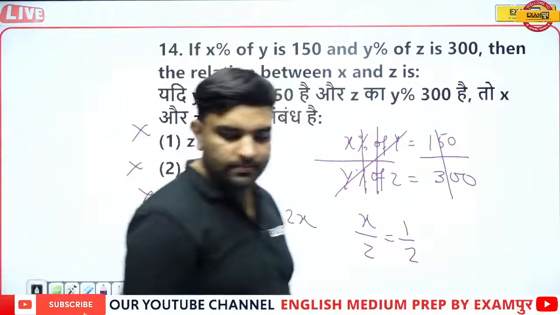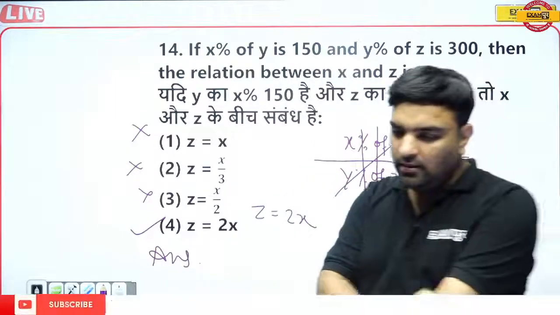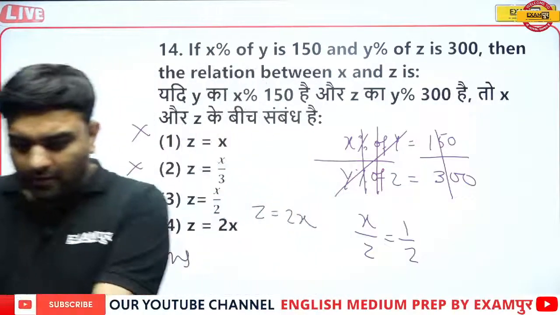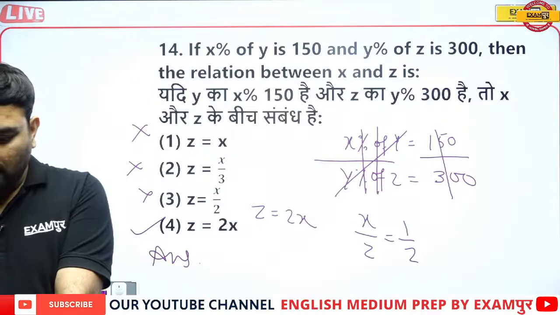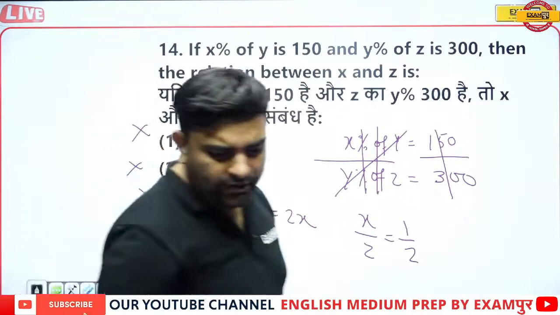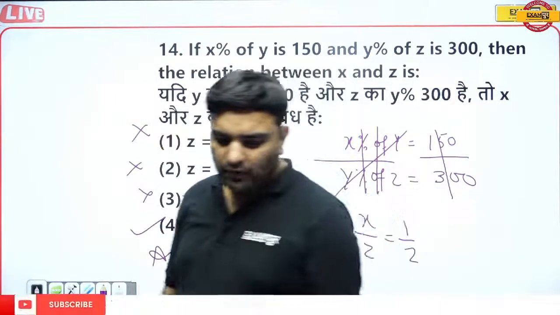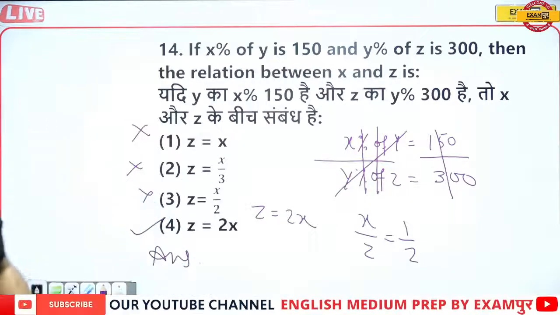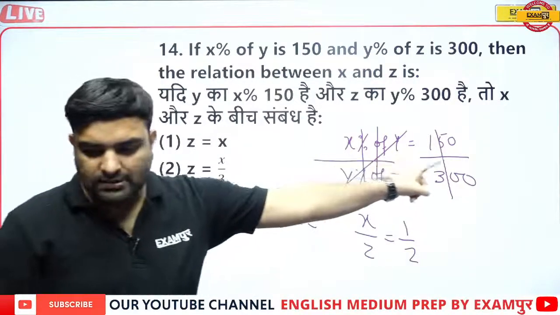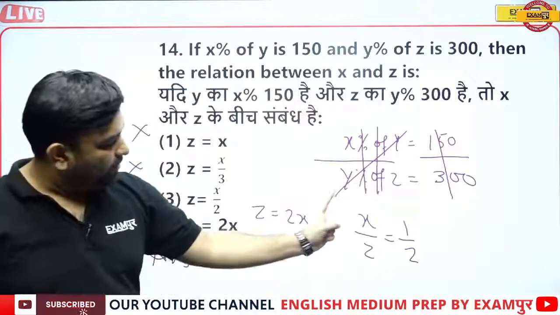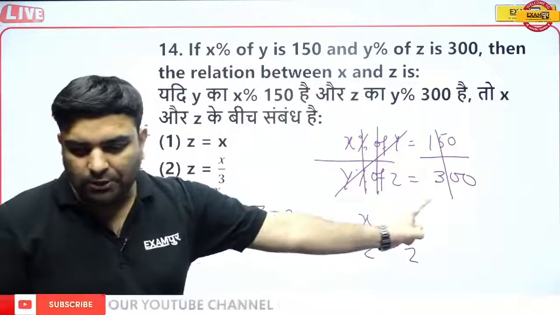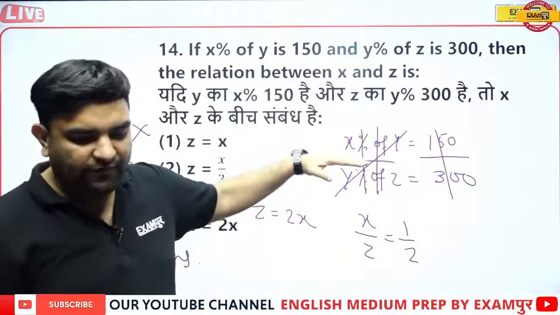Watch out. What is the error you have done, guys? X percent of y is equal to 150. Y percent of z is equal to 300. I divided them.